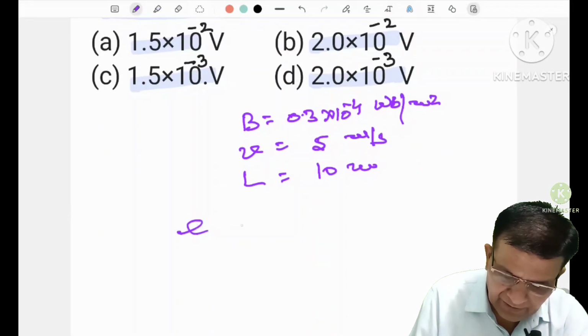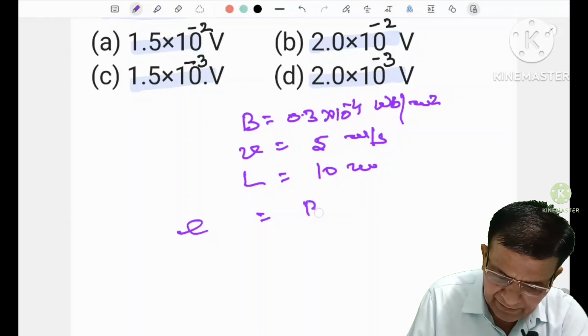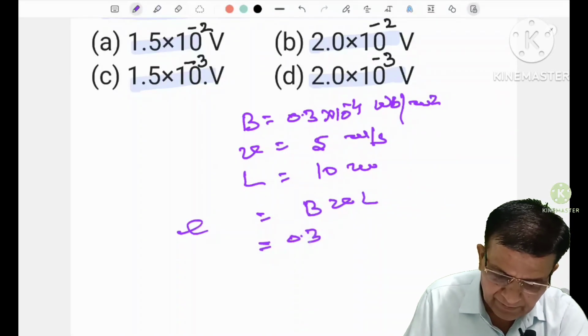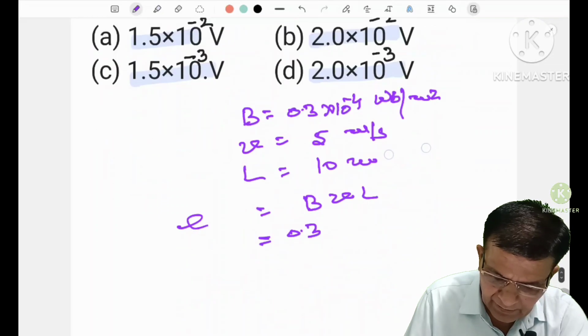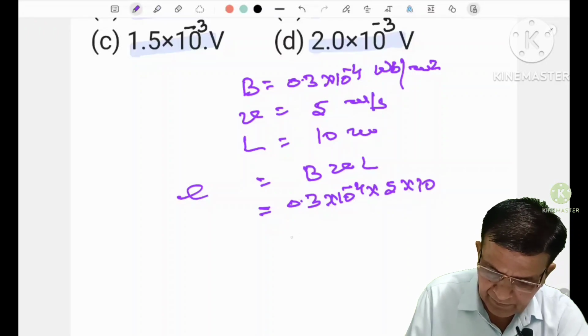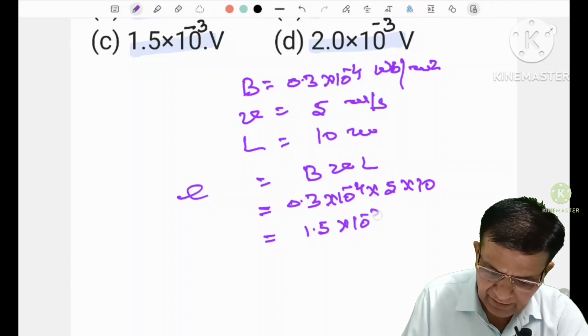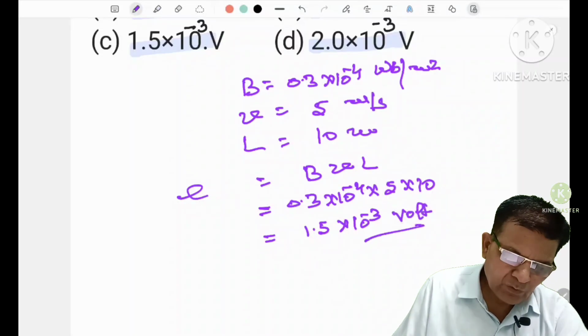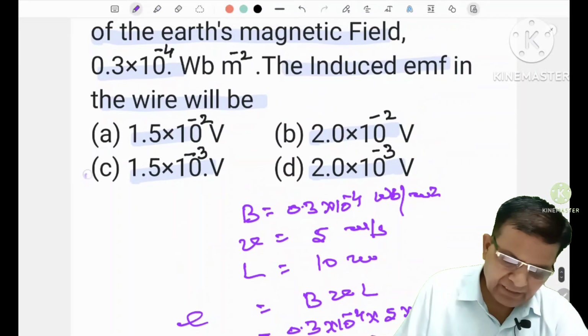Induced EMF is BVL. B is 0.3 into 10 to the power minus 4 into V 5 into 10. 1.5 into 10 to the power minus 3 volt. C is correct option.